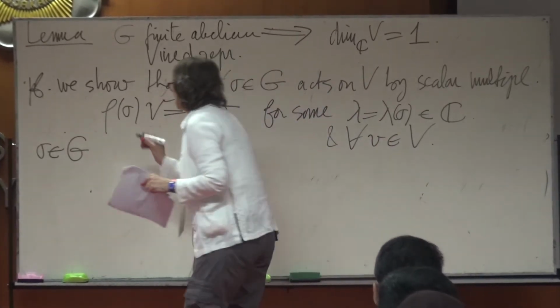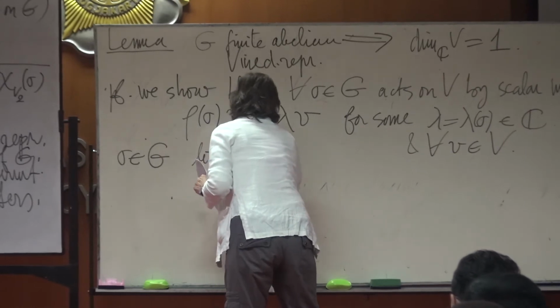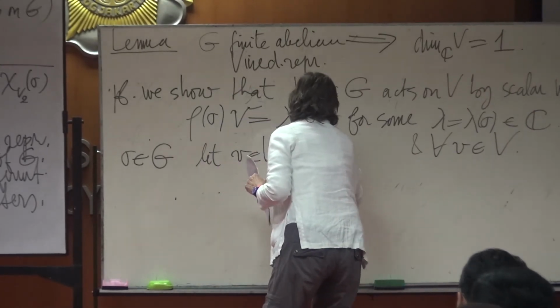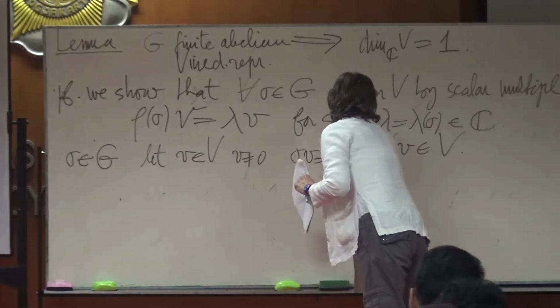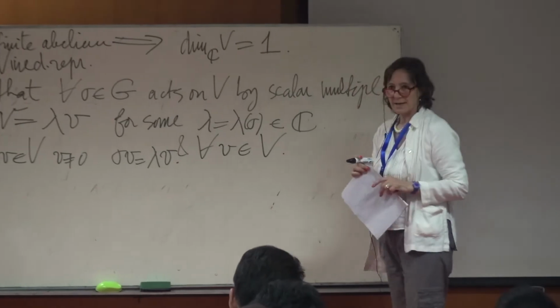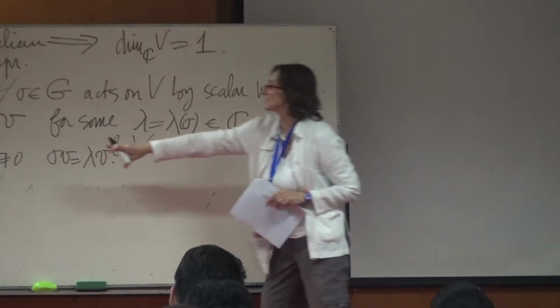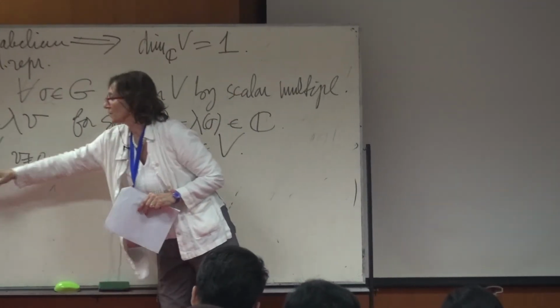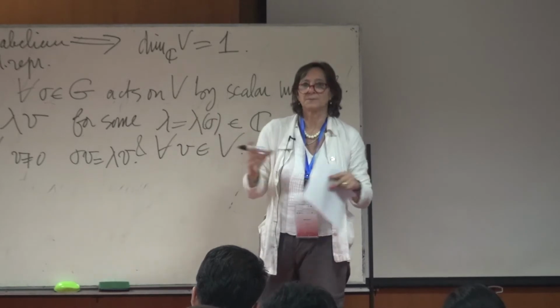So let V in V be a non-zero vector such that sigma of V is lambda V. Okay. Now, this means that this vector V sits in the lambda eigenspace of sigma, right?